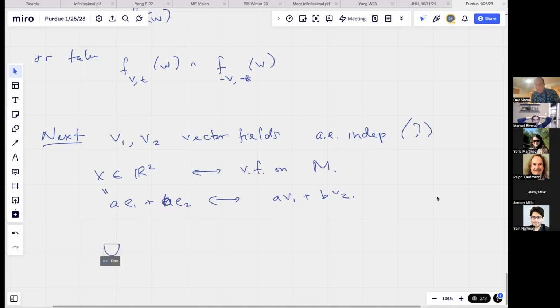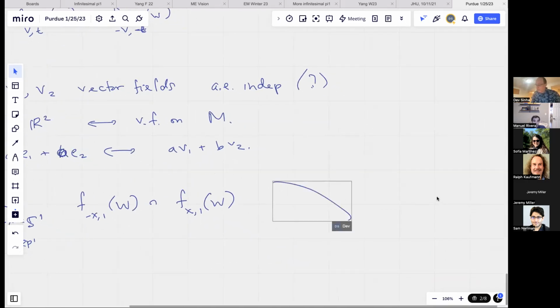So now what we're going to do is take a union over x comma minus x in S1, so really RP1, of f minus x1 W intersect f x1 W. So I'm moving W off of itself now in a one-dimensional family.